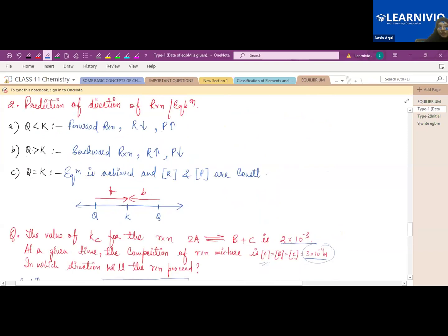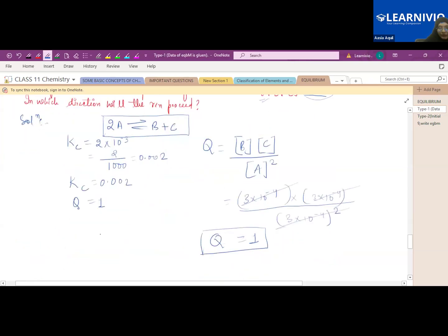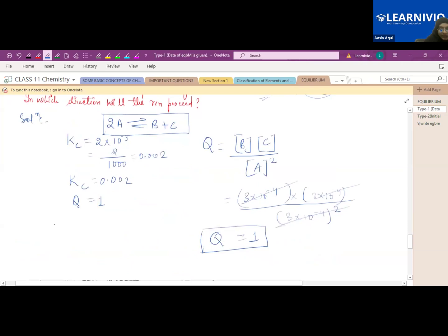In the case where Q is greater than K: K is 0.002 and Q is 1. So which one is greater? Obviously Q. Here you can see Q is greater than K. So if Q is greater than K, the reaction will proceed in the backward direction.